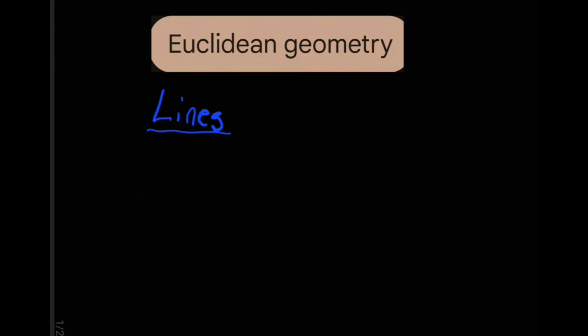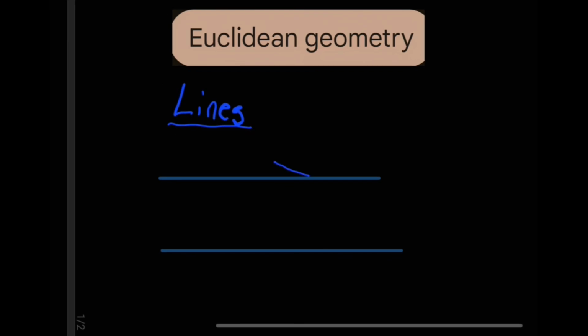So we have different types of lines, and the first lines that I want to talk about are parallel lines. So these are lines that look something like this. So these are parallel lines. Please forgive my drawing.